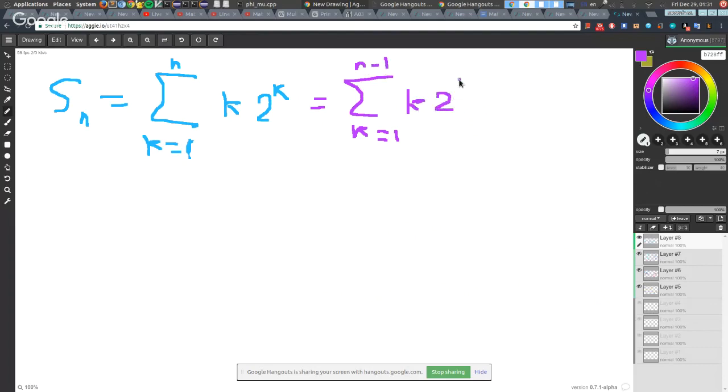It's exactly the same term plus the last term, which we didn't include here in the summation. So this is the first equation we have for Sn.